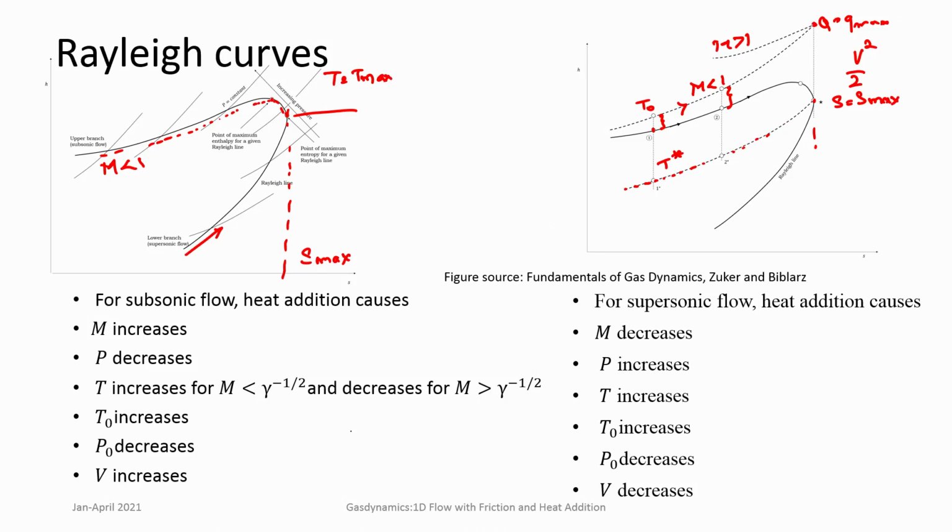So, do not confuse isentropic flow, Fano flow and Rayleigh flow. Rayleigh flow is not an adiabatic flow. Therefore, T star and T naught star, or T naught, are not constants. Now, we know how pressures are depicted along the HS diagram. So, if you look at the curve itself, you can get an understanding of what happens.